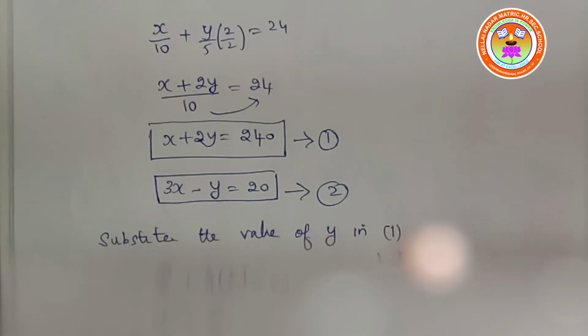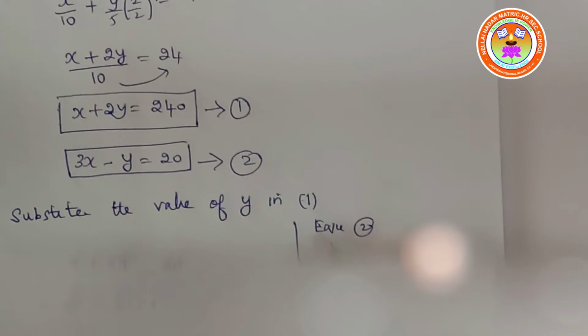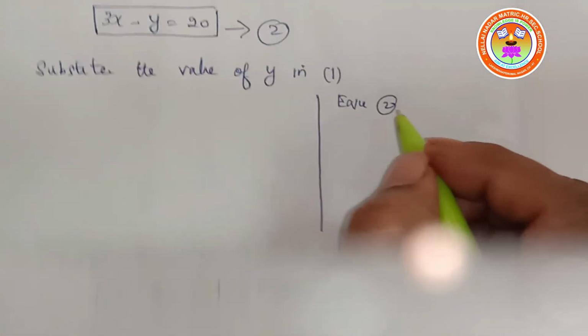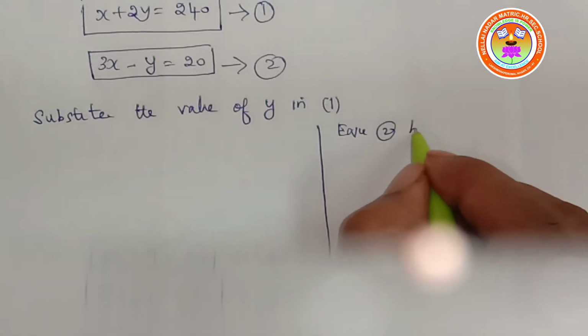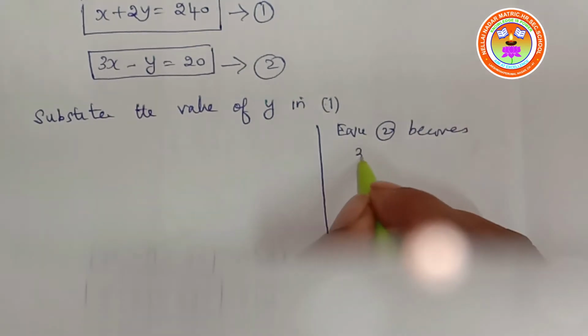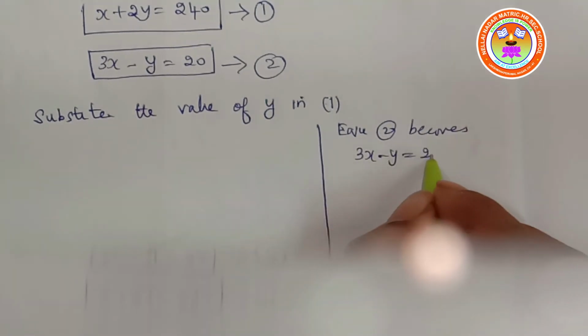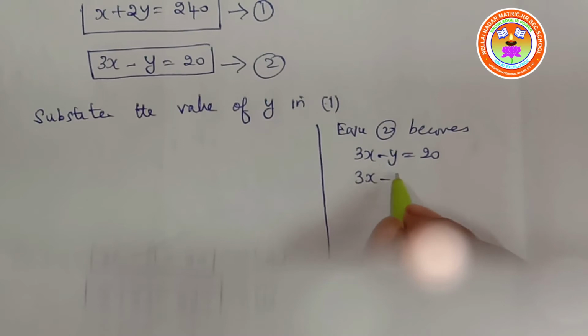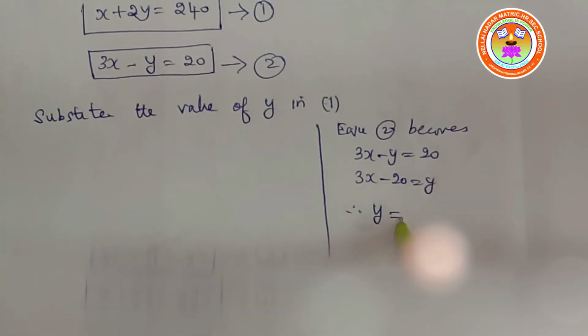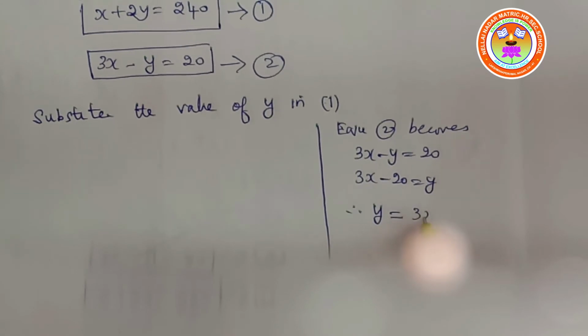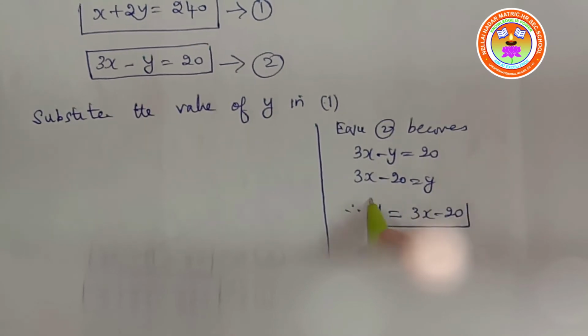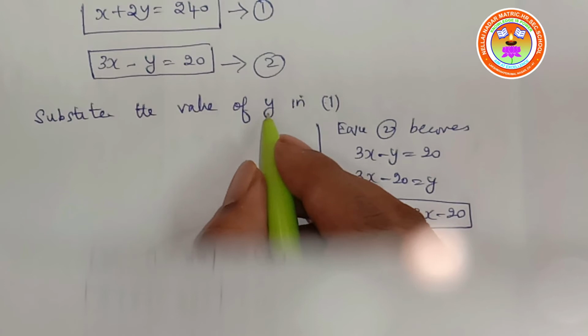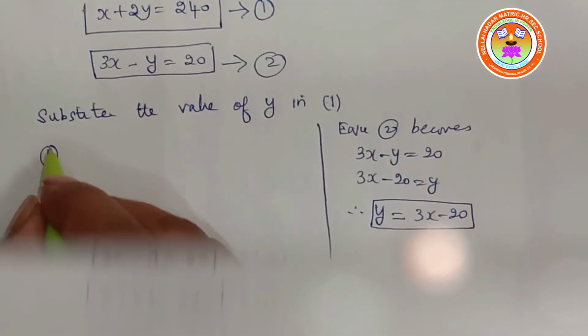Here I can say equation 2 becomes 3x minus y equal to 20, 3x minus 20 equal to y, therefore y is equal to 3x minus 20. Now you are going to substitute the value of y in equation 1.